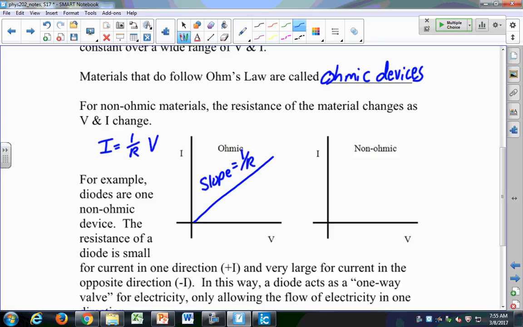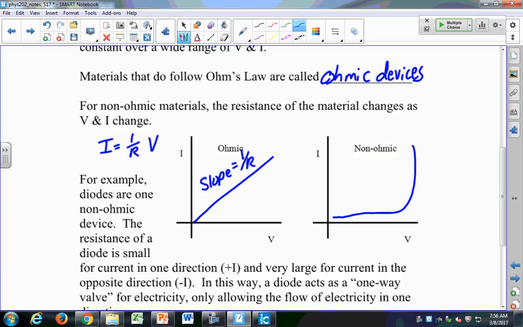Non-ohmic devices, on the other hand, look like this, or they can look like this. Notice here that I have practically zero slope here and infinite slope here. So my resistance is going to go from infinity to basically no resistance. 1 over 0 goes to infinity, right?